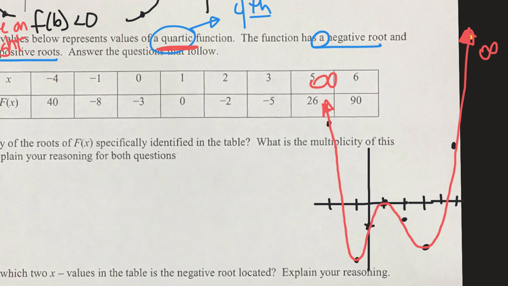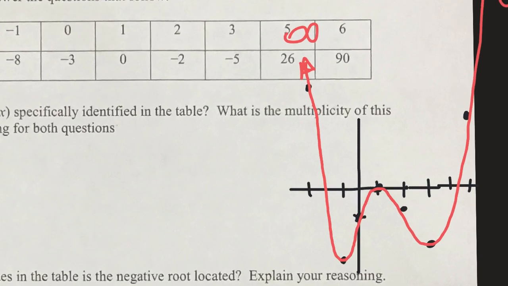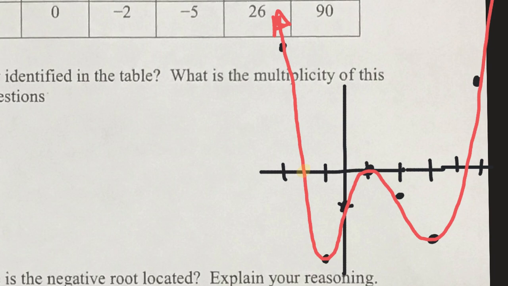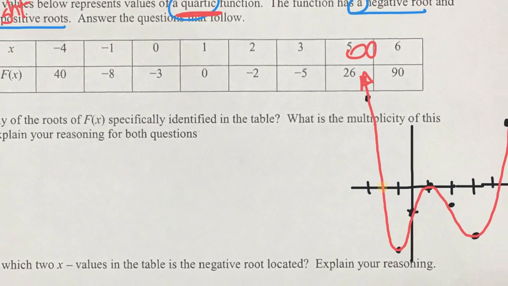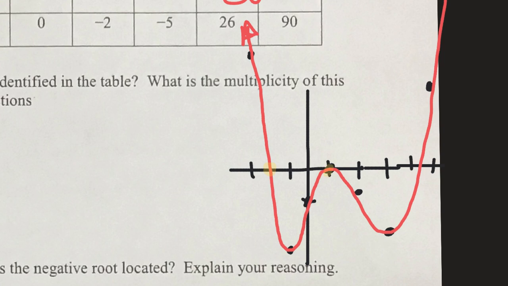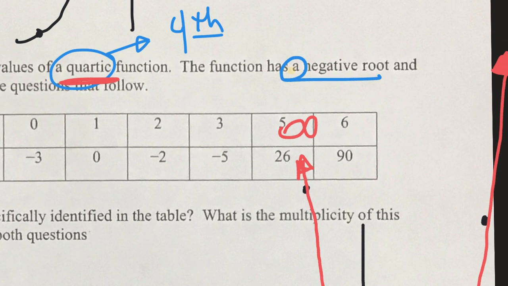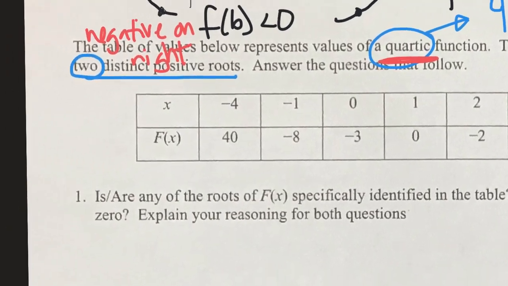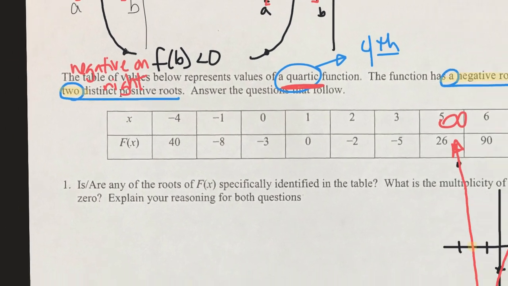So how many times does this graph cross your x-axis? Once here, once between -4 and -1. Another time here, and a third time, 3. Like it says, one of them is negative, and 2 of them are positive.